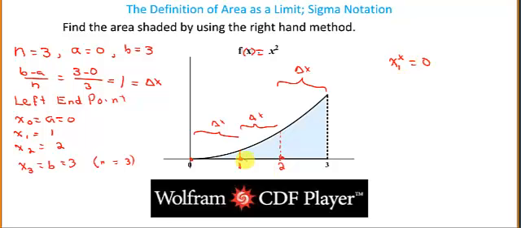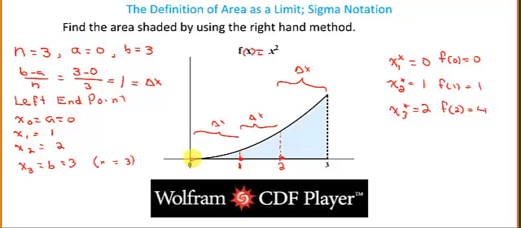Then x sub 2 star, the left end of the second interval, is 1, and x sub 3 star, the left end of the third interval, is going to be 2. Now I want to evaluate the function at 0, which is 0, at 1, which is 1, and at 2, which is 4.